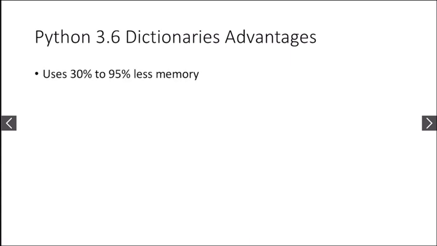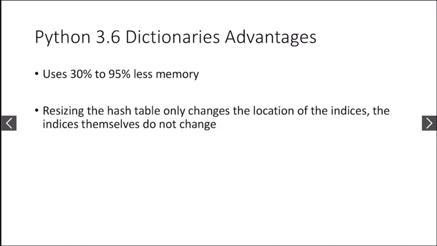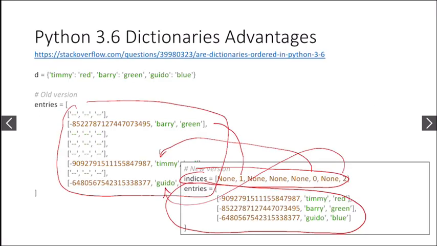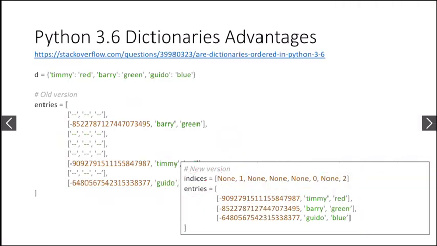So why do we do this? It uses about 30% to 95% less memory depending on your particular application. Resizing the hash table only changes the value of the indices. So this is not something we've discussed before. Let's say your array originally had 1, 2, 3, 4, 5, 6, 7, 8 slots.